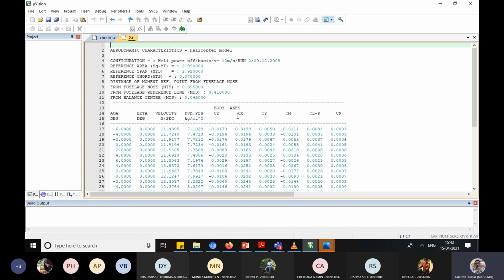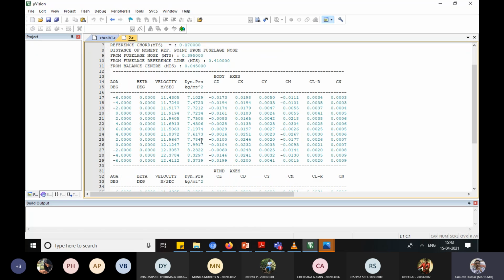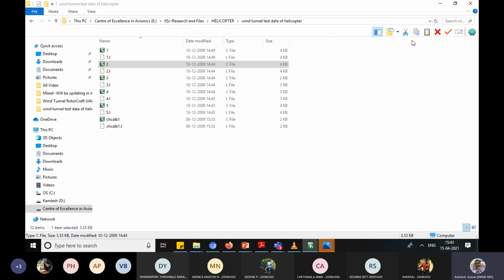In off condition we tested; in on condition he gave full throttle, because this problem started, so we had to stop, correct? There was worry that the load sensor or strain gauge balance sensor will fail. So lots of factors come when you have vibration type of systems testing inside the wind tunnel.